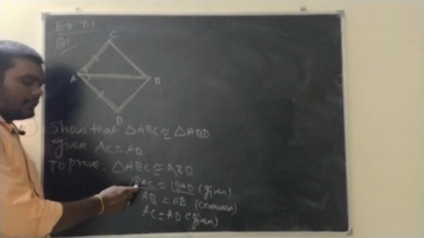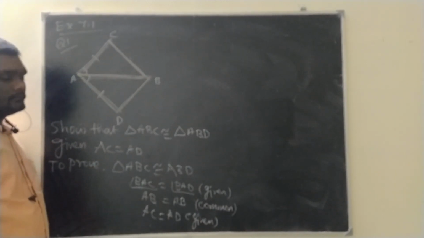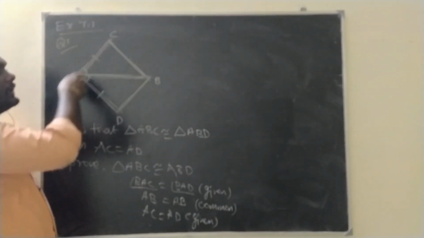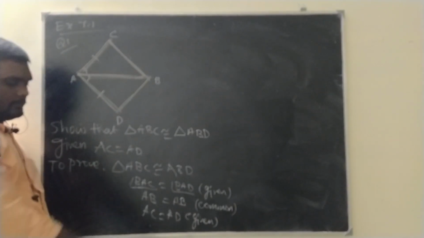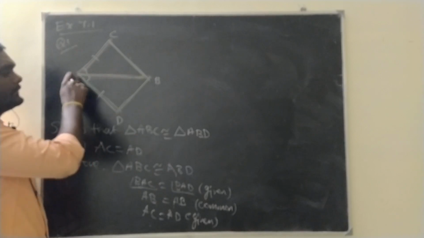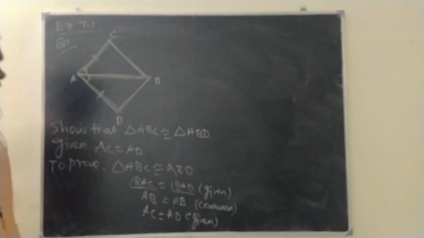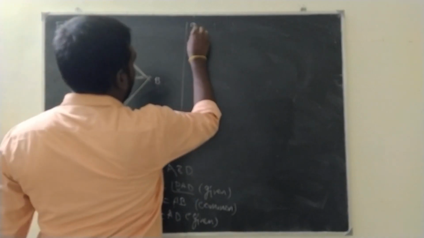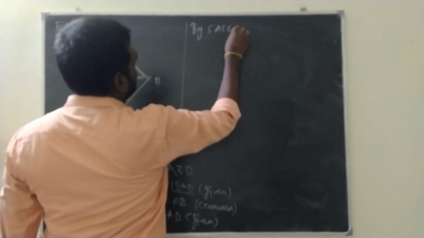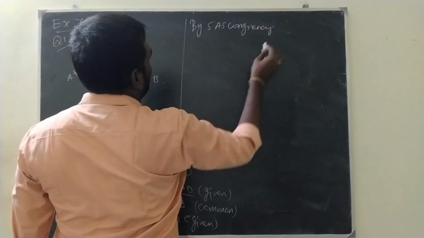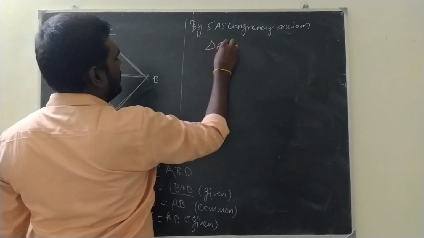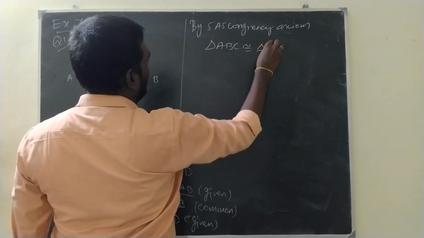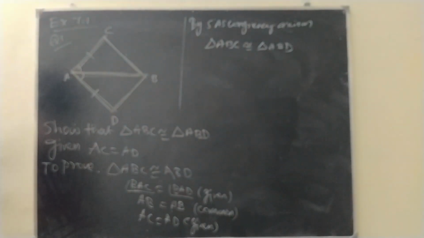We need to check whether this angle lies between these two sides or not. Whether angle BAC lies between AB and CA, yes. And this angle lies between AB and AD, yes. Then you can say by SAS congruency axiom, we can say triangle ABC is congruent to triangle ABD. Okay. Very tough one is this.